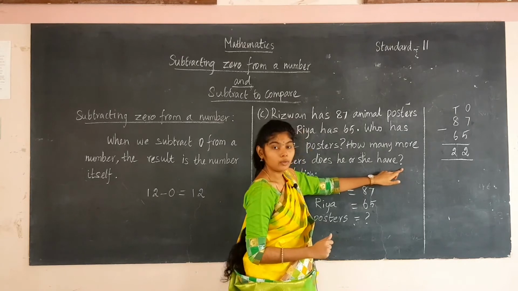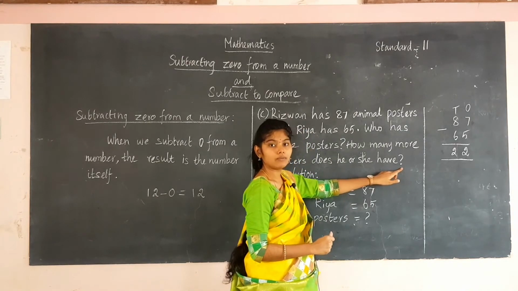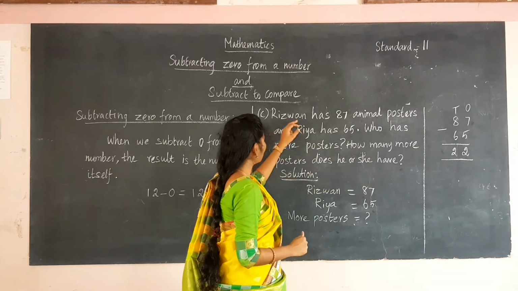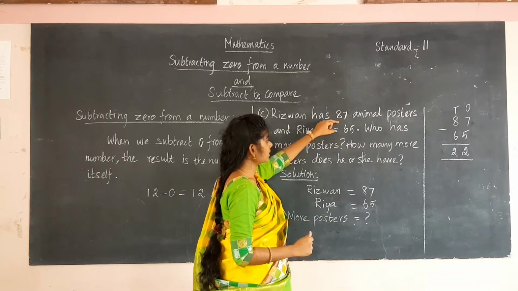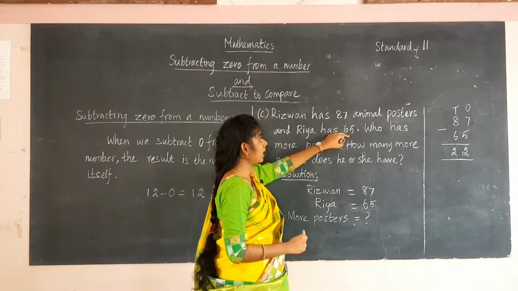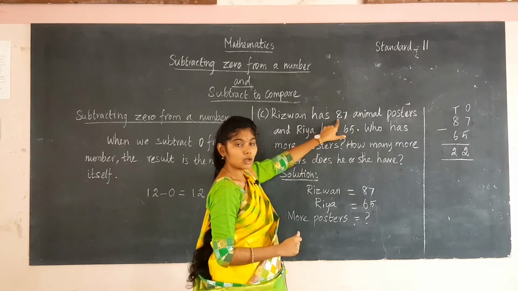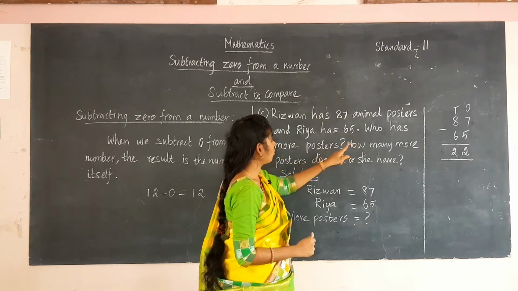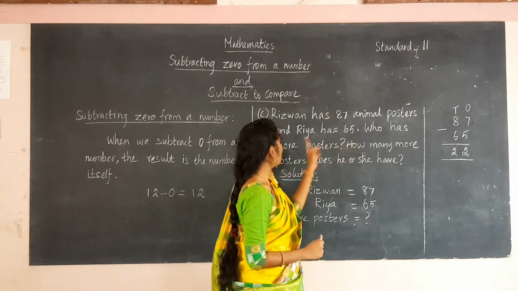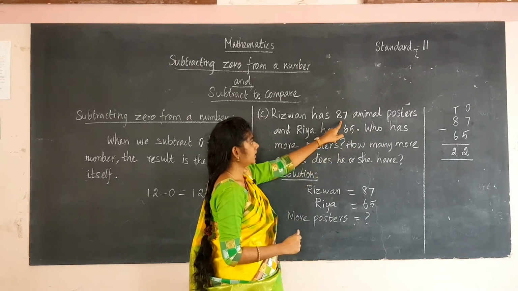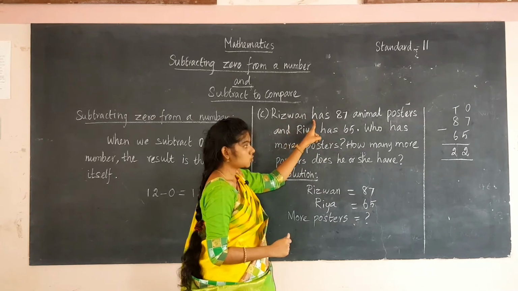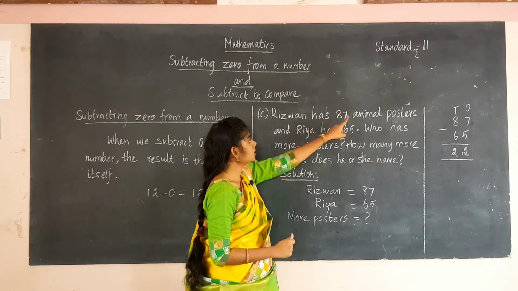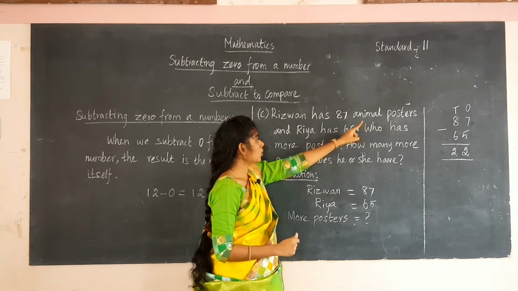Now we have to find who is having more. The more number is 87: whether 87 is greater or 65 is greater. 87 is the greater number. So we automatically know who has more animal posters. Who has more posters is 87, that is Rizwan. So write, Rizwan has 87 animal posters, who is having more.